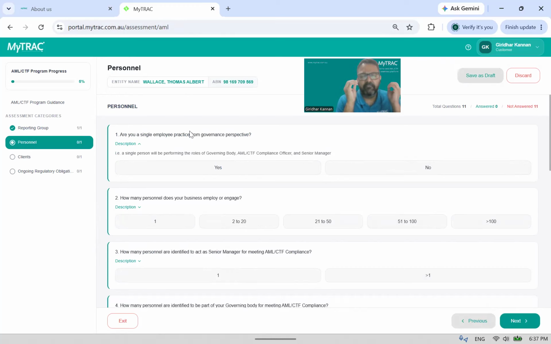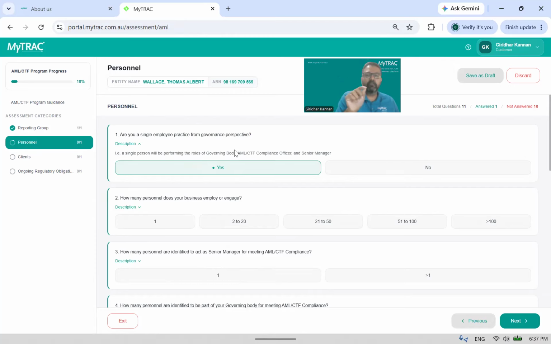Or you may be a two-partner firm, but your other partner is not involved in any of this. You take the full responsibility of being the AML CTF go-to person. This means you are the AML CTF compliance officer, you are the senior manager, and you perform the role of a governing body. Most of us we see are solo practitioners or a single practice where the responsibility is with one person. In that case, I would like you to answer yes.